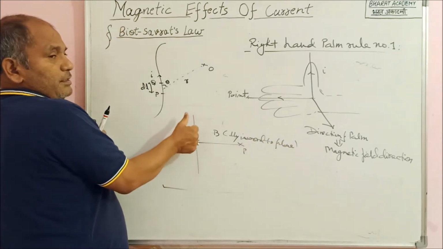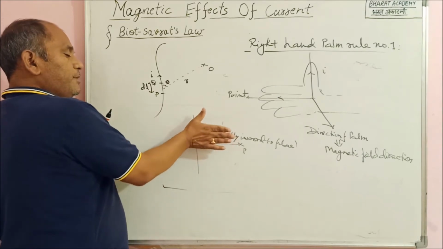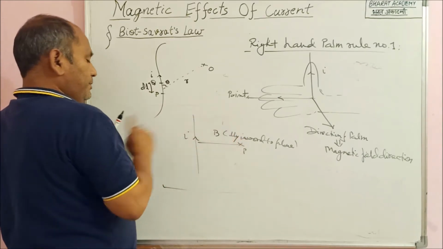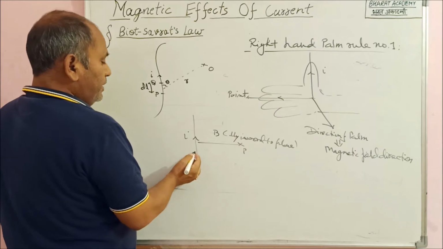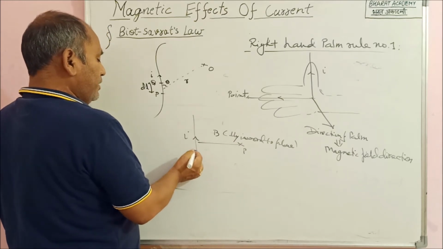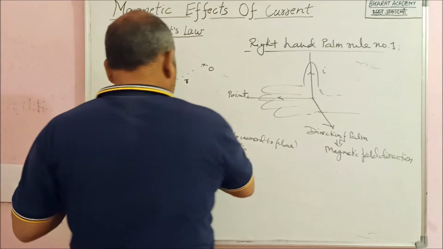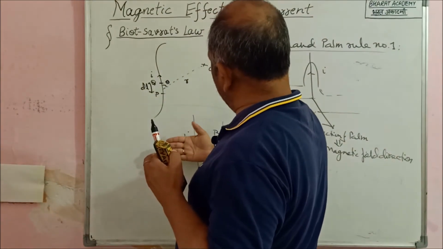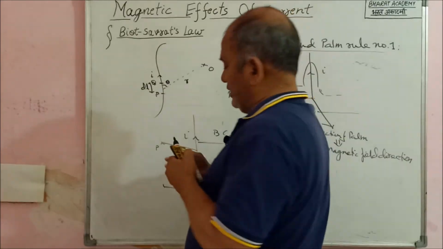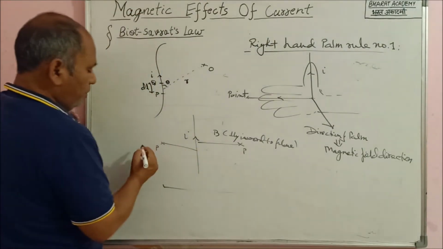This is current, this is point, palm is directing towards the plane. Here, if the point is somewhere here, then what will happen? We can simply divert like this. This is the current, this is point, palm is directing outwardly, so it will be here.